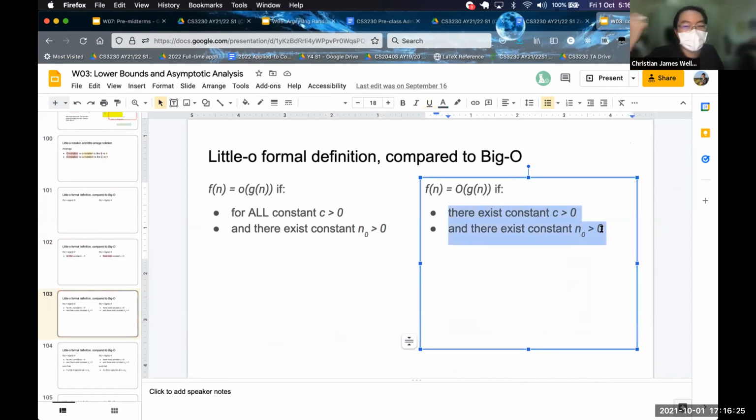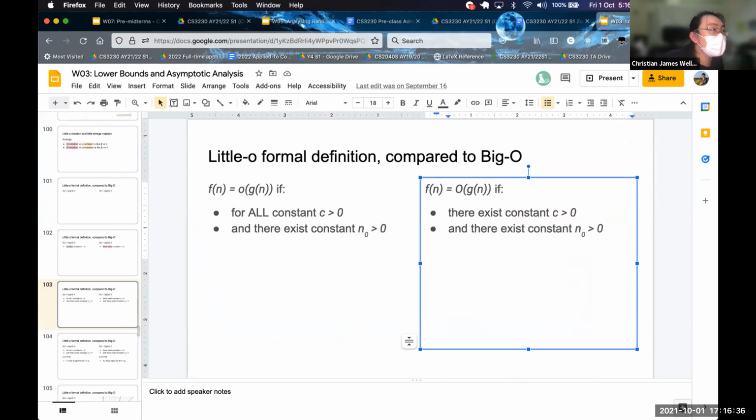Because it says there exists, just choose anyone that fits the condition. So it's not unique. You can choose anything you want. Okay, we can talk about it at the end.